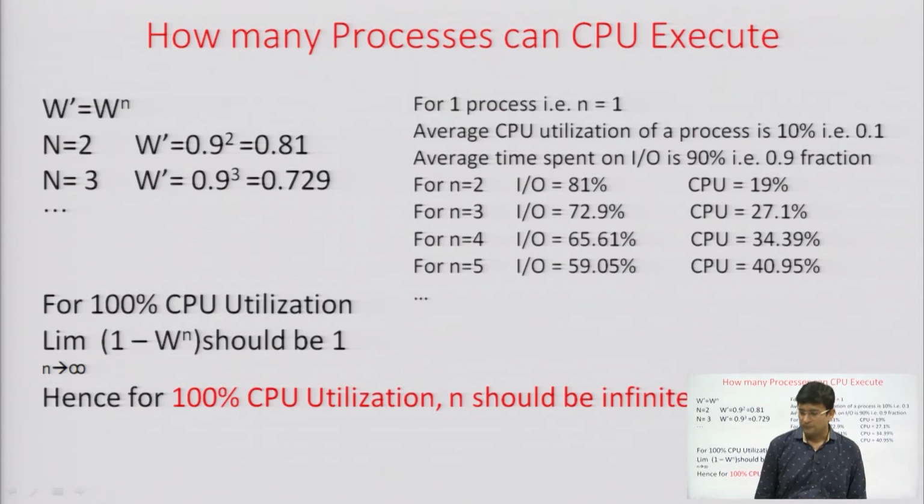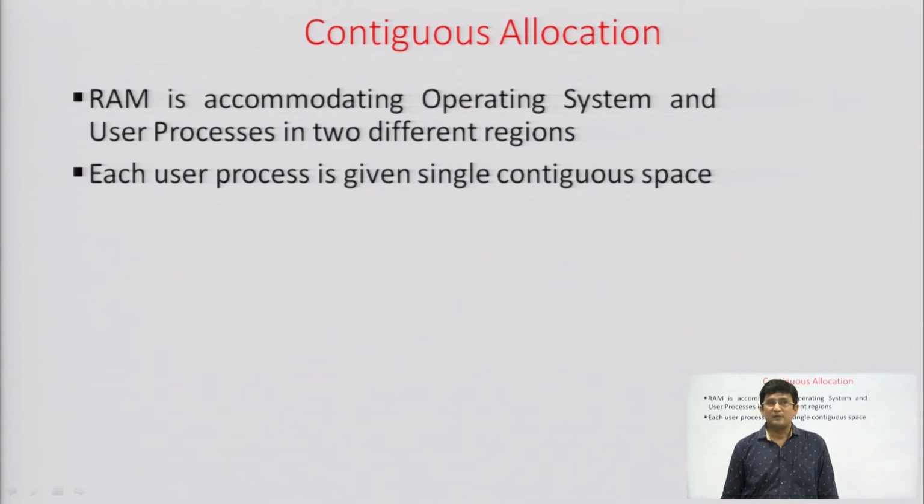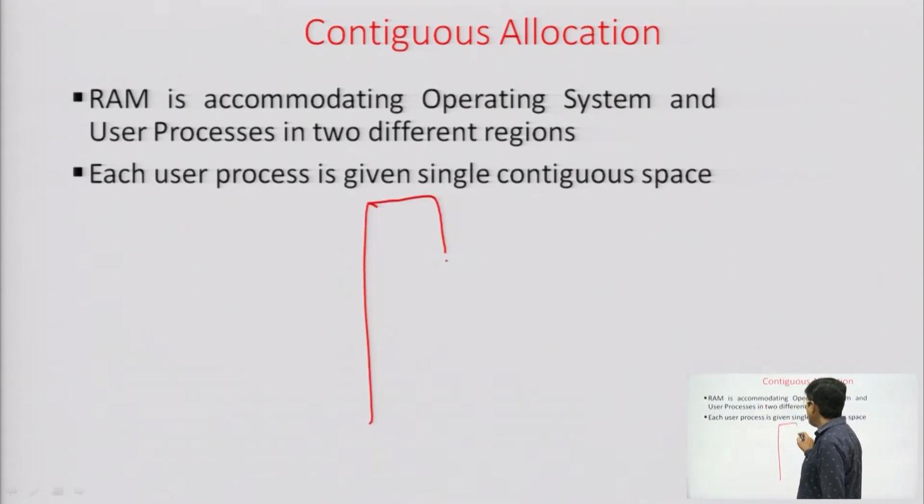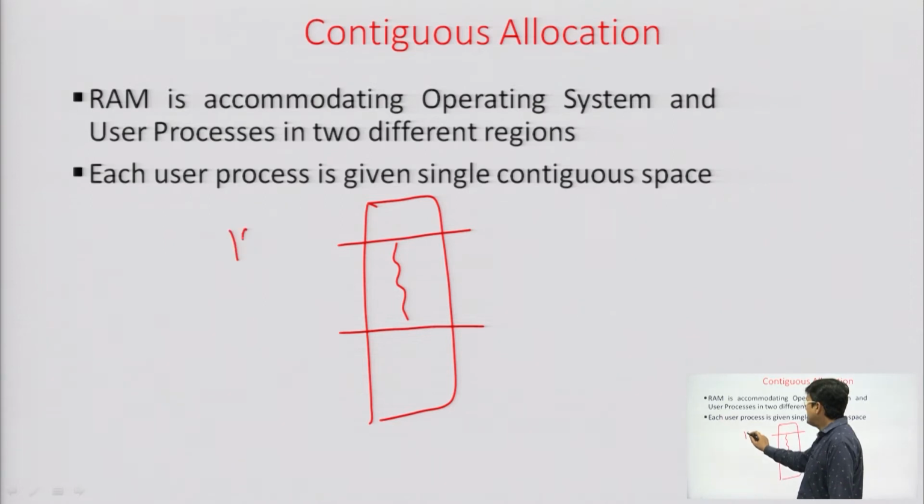We have discussed contiguous allocation schemes, where a process accommodated in the main memory should be given addresses in a contiguous region. For example, if my process is of size 100 bytes and the starting address is 200, then my process should be accommodated fully between addresses 200 and 299.